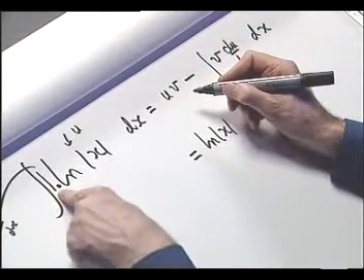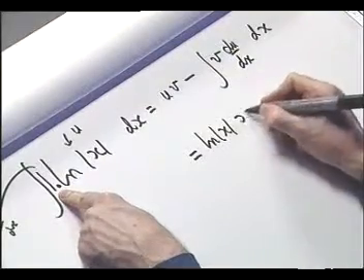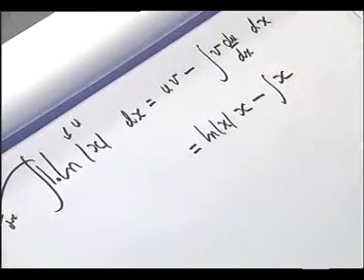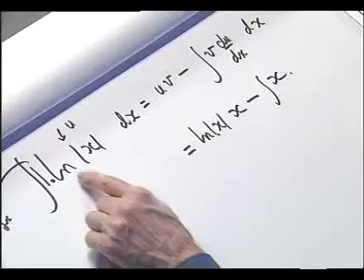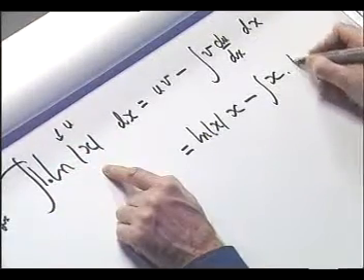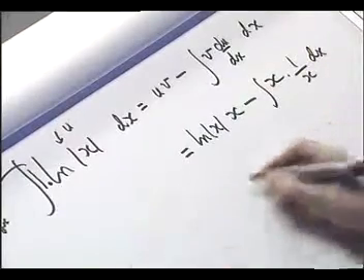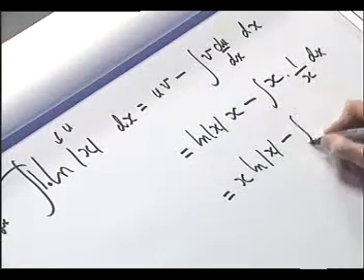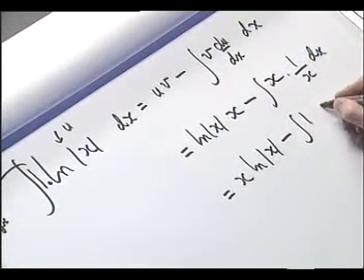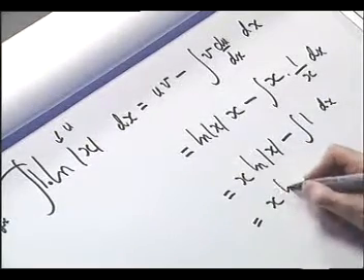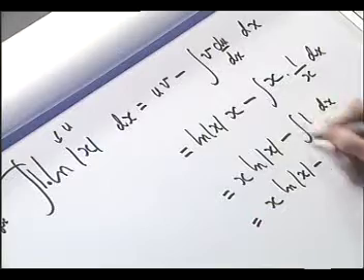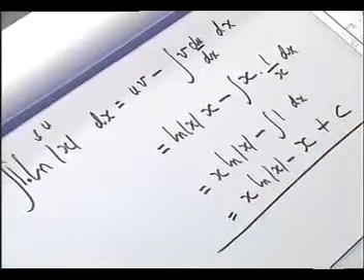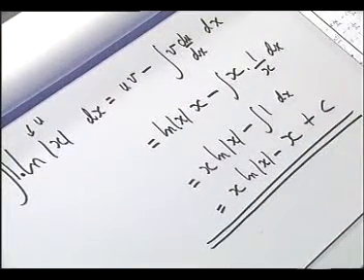Now dv by dx is 1, so I have to integrate 1, that's just x, minus the integral of v, so that's x, times du by dx, the derivative of log x, that's just 1 over x, equals x times the log of x minus the integral of, well, x times 1 over x is just 1, and we can do that integration. The integral of 1 is just x plus a constant of integration c. And so we've integrated log x.